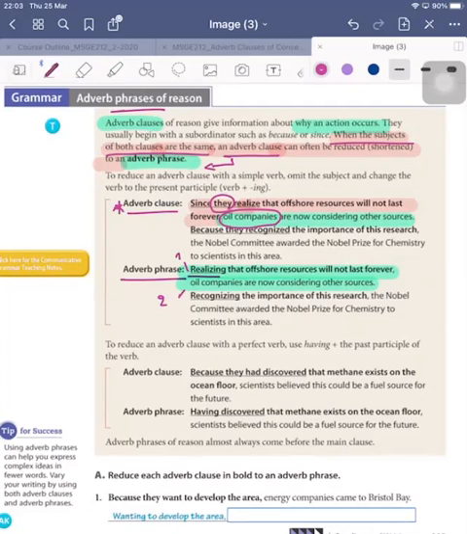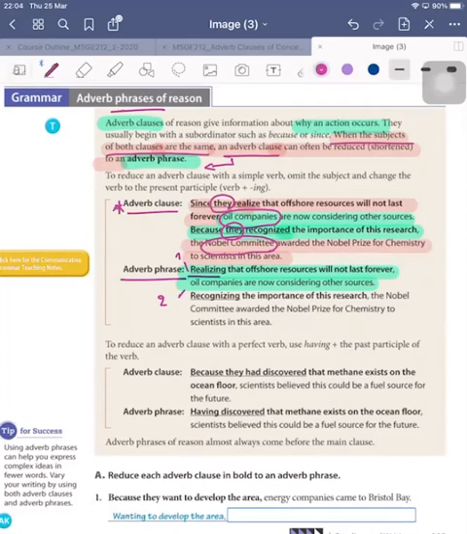Okay, that's it. Right. Second example, because they recognize the importance of this research, the Nobel Committee awarded the Nobel Prize for Chemistry to scientists in this area. Same thing happened here. They recognize. Nobel Committee, same people you're talking about. Okay, so you're just taking the verb.